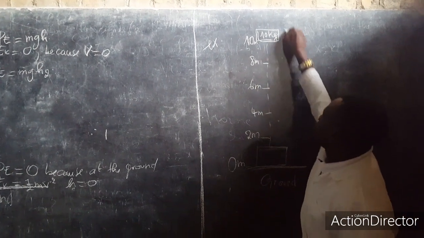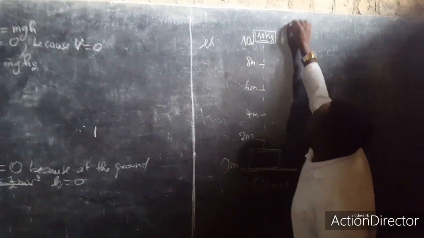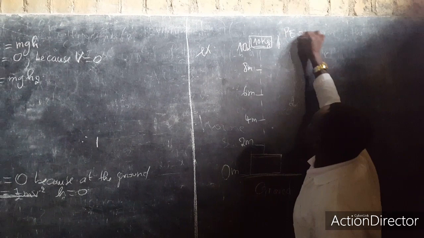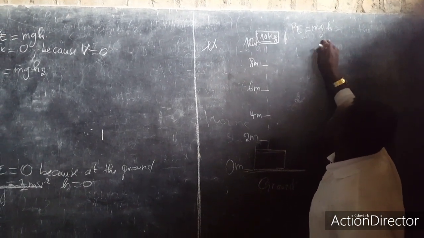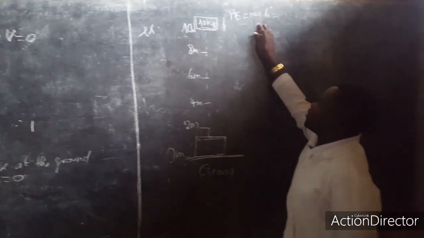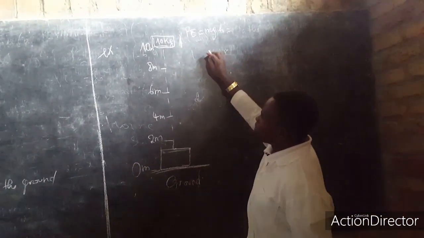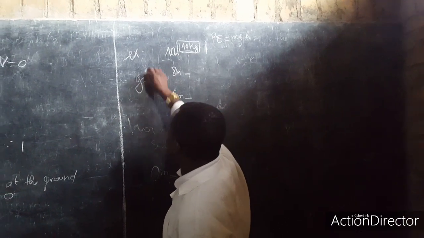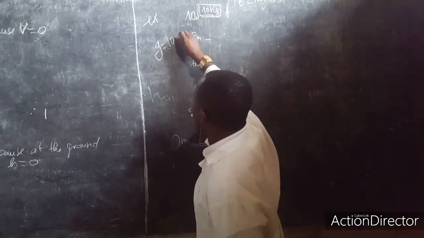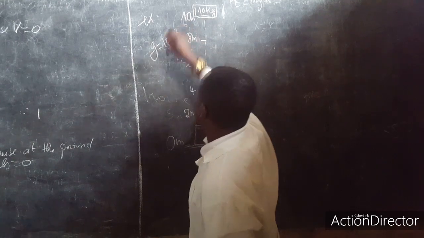So at 10 meters, we will have potential energy mgh, where g is the acceleration due to gravity. Let us assume that g is 10 meters per second squared.